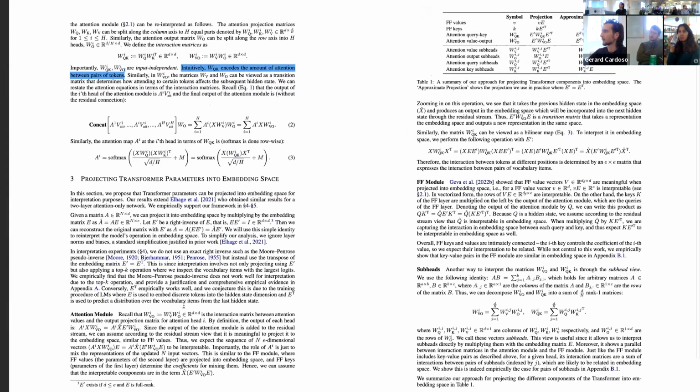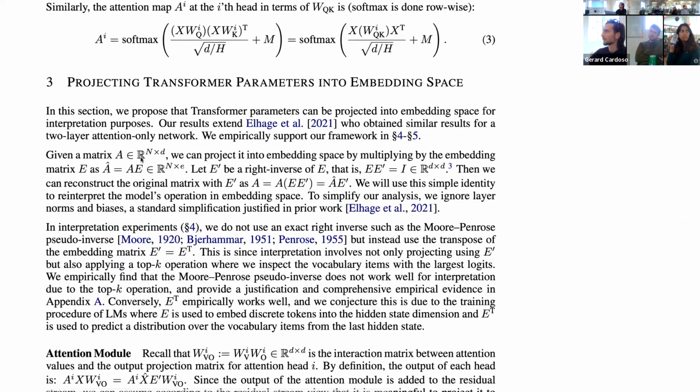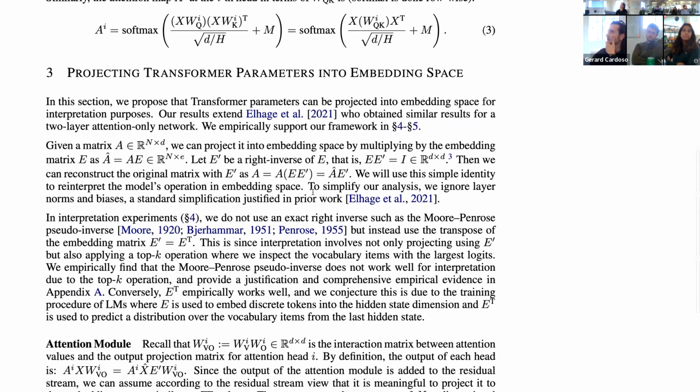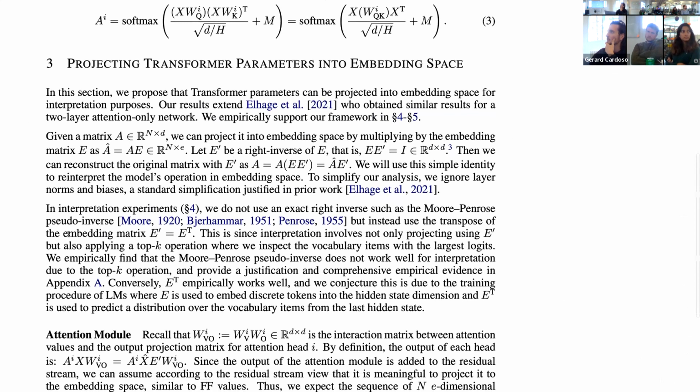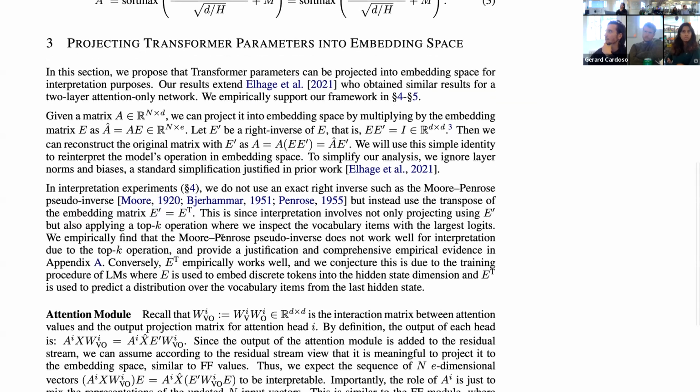The interesting thing is the way they project it into embedding space and then project it back is using like the right inverse, but instead here they use the transpose of the embedding matrix instead of the exact right inverse of the embedding matrix.